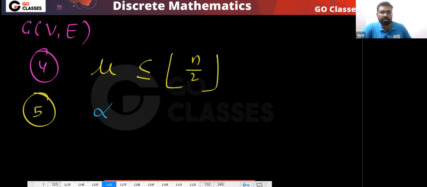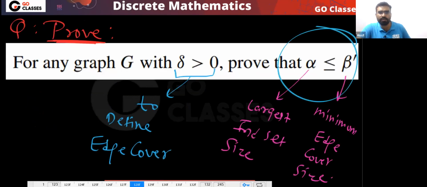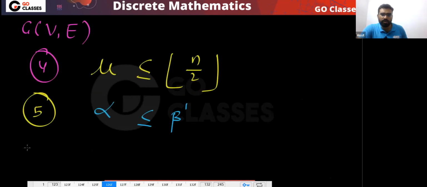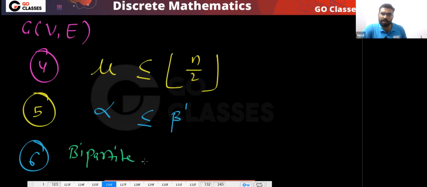And we have also seen this: alpha is less than or equal to beta dash. Alpha is less than or equal to beta dash. And also we have seen Koenig's theorem. So if your graph is bipartite, then mu is equal to beta.